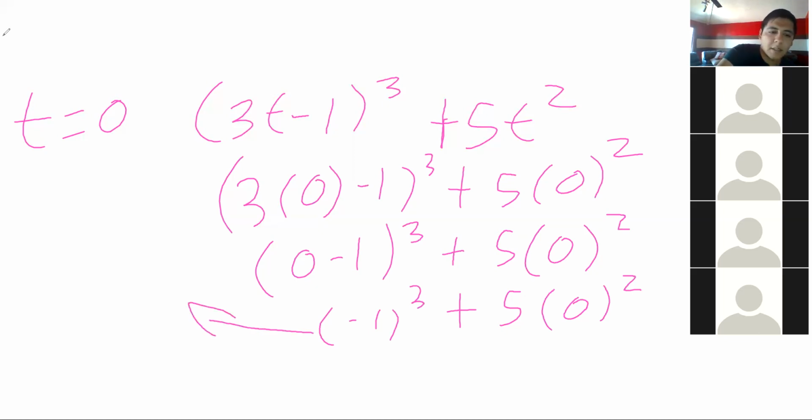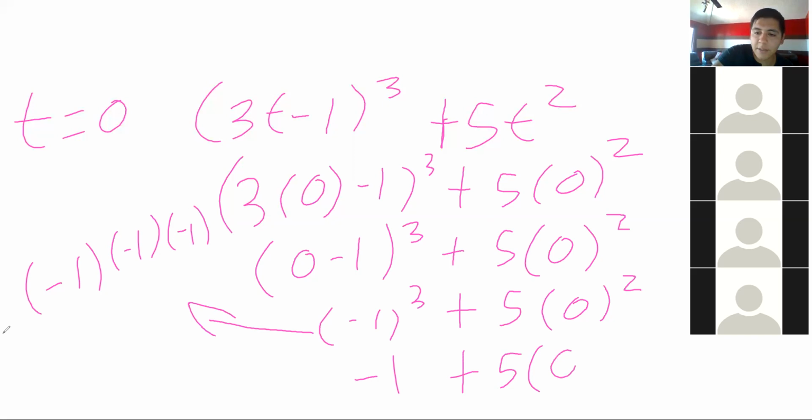What does that mean? -1 times -1 times -1. So -1 and -1, that's positive, but then positive times -1 would give us -1. What about 0 squared? It's 0, still 0, right? Yes, it's still 0.